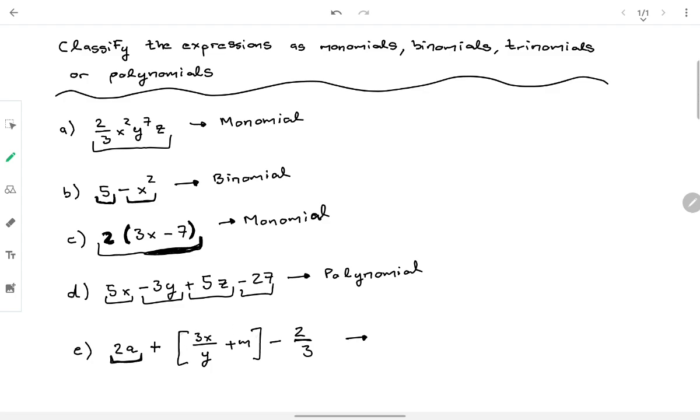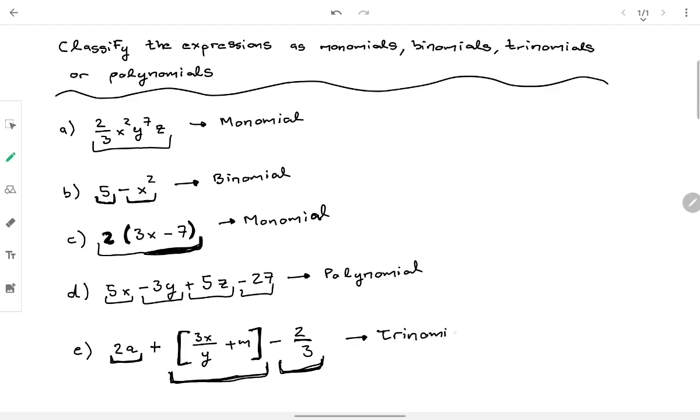Remember, if something is in parentheses or brackets, it must also be only one term. So this is completely only one term, and the other one is also only one term. So we will have a trinomial.